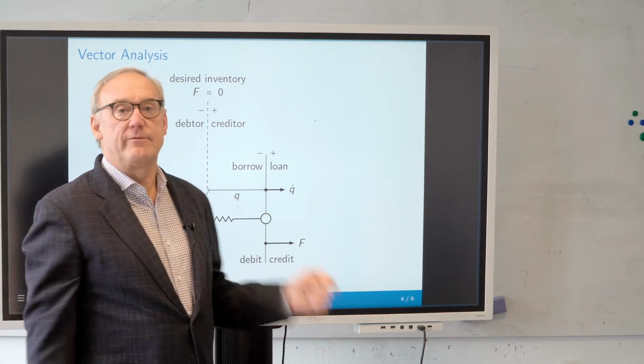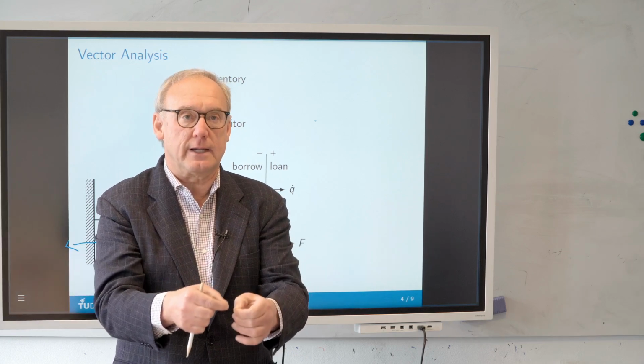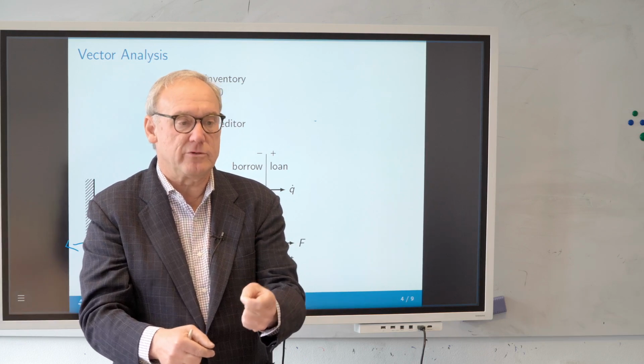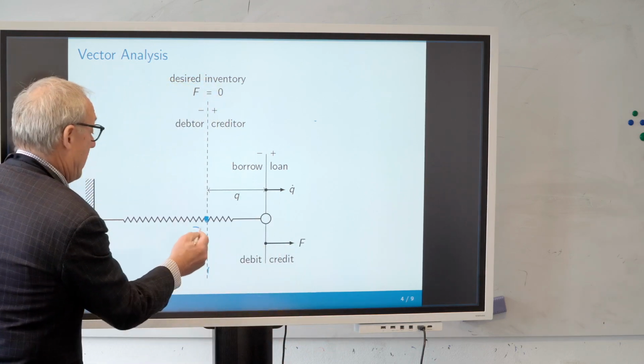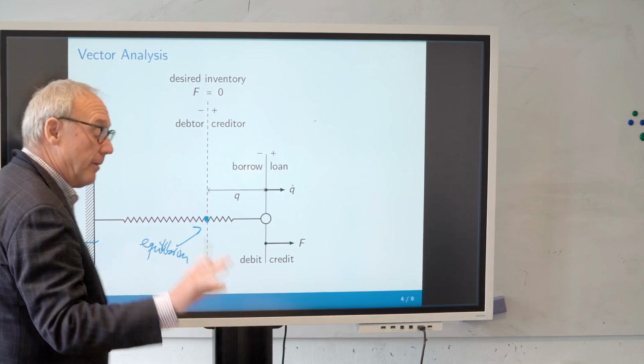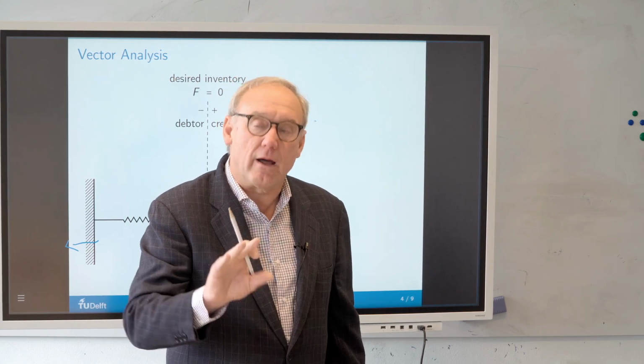That's the desired inventory. So all of a sudden, my space gets a structure, okay? There's a special point, which is the point of desired inventory, which you could call, in a sense, the equilibrium point, okay? But now it's an equilibrium concerning the stock variables, all right? The stocks you have, not the flows.